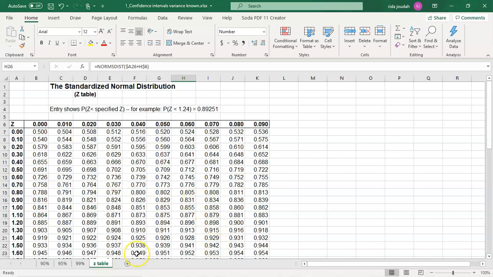So let's find this value. We don't have this value exactly. We have these two values, 0.949 and 0.951. So we can select either one. I will select 0.951. If we go to the left, we have 1.60 plus 0.040. So we are finding the addition of these two values.